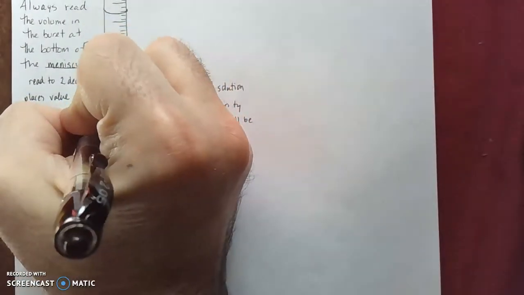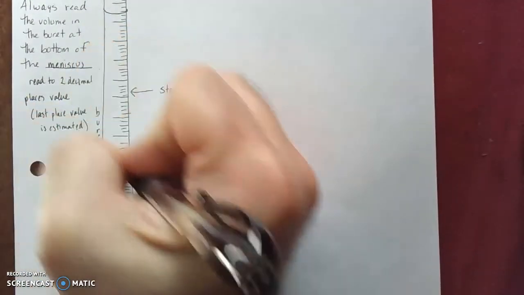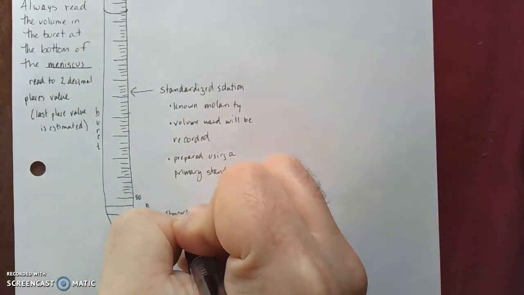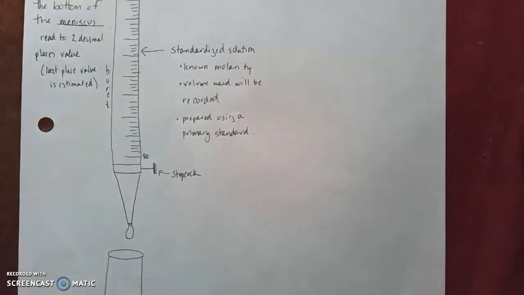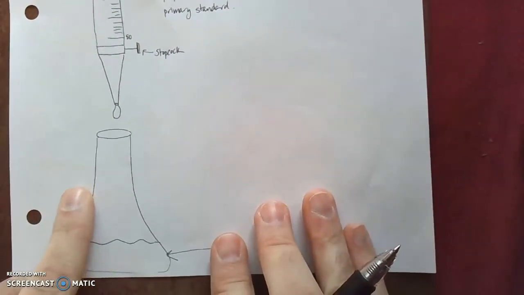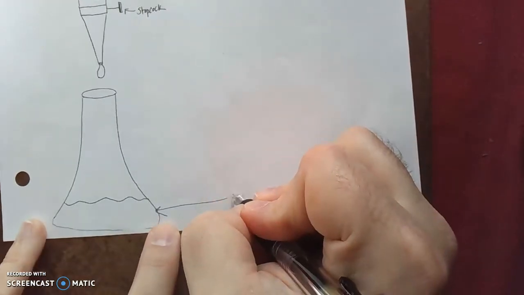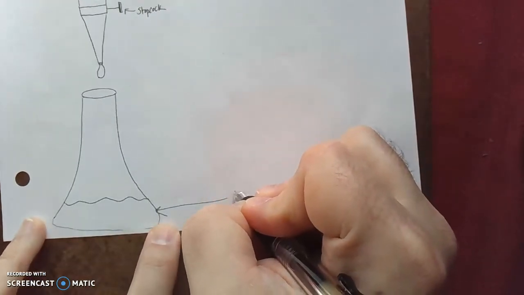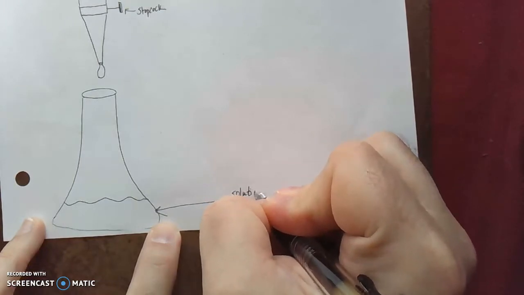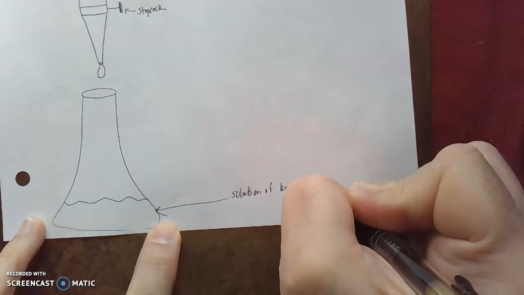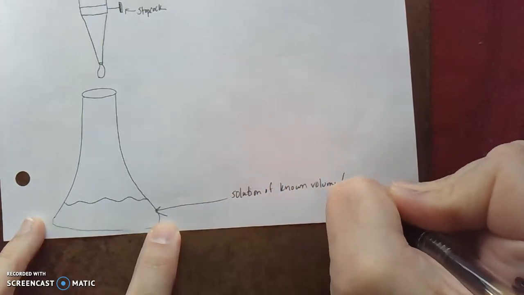So this is the burette. This right here is called the stopcock. And then down here, we have a flask. And in this flask is a solution of known volume or mass.